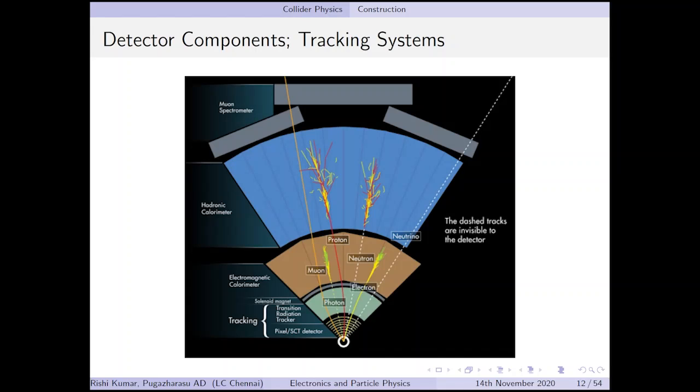After the hadronic calorimeter and our electromagnetic calorimeter, we have our muon spectrometer. Detecting muons by themselves is hard, but it is made easy because we have stopped all particles other than the muons themselves. So any particle that passes after the hadronic calorimeter has to be a muon.